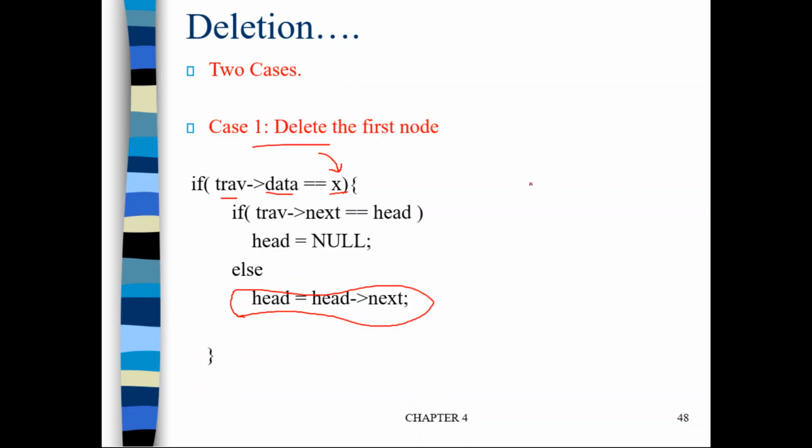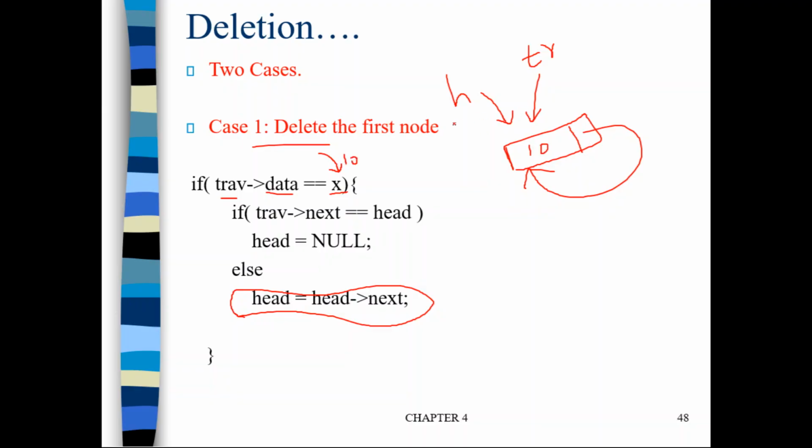Say the linked list contains only one node, and that node is pointing to itself. Head is also pointing here, and traverse also points here. There is only one node, its data is 10, x is also 10, and you want to delete that node.